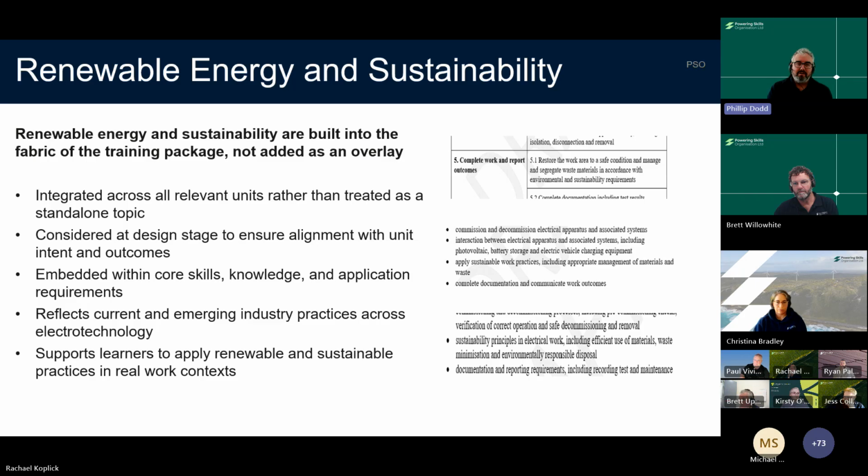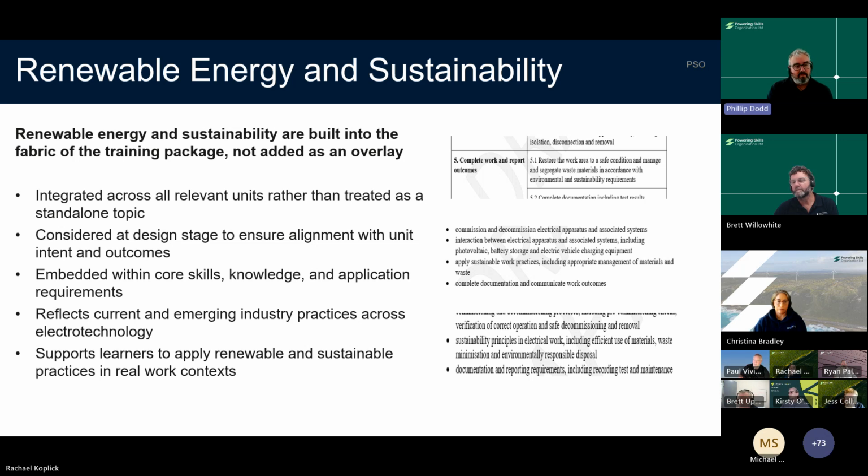So if you're wiring something up, how can you look at sustainability in that, recycling your materials, or using less materials, or doing it better in a way? How is the energy that you're using going to affect the renewable components of a unit of competency that you're undertaking? So we're looking at embedding that core skills and knowledge into there.